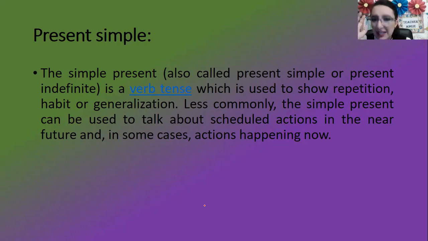Less commonly, the simple present can be used to talk about scheduled actions in the near future, and in some cases, actions happening now. Actions happening now? Yes, we are going to be talking about this in a few classes where you are going to be having this one, future with ing and simple present. But don't worry, we are going to be learning about that, okay?